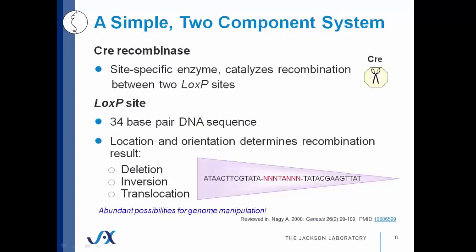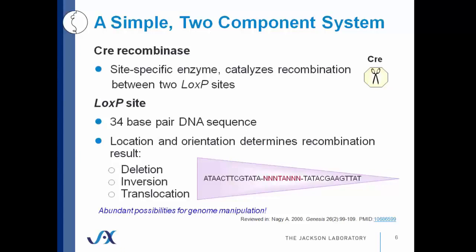The Cre-lox system is a relatively simple two-component system. The first is the Cre recombinase, which is a site-specific enzyme that's going to catalyze DNA recombination between two different LOXP sites. For the presentation, we'll just signify it by this little scissors diagram here. The LOXP site is a 34 base pair DNA sequence where it has an 8 base pair core sequence flanked by 2 inverted repeats.